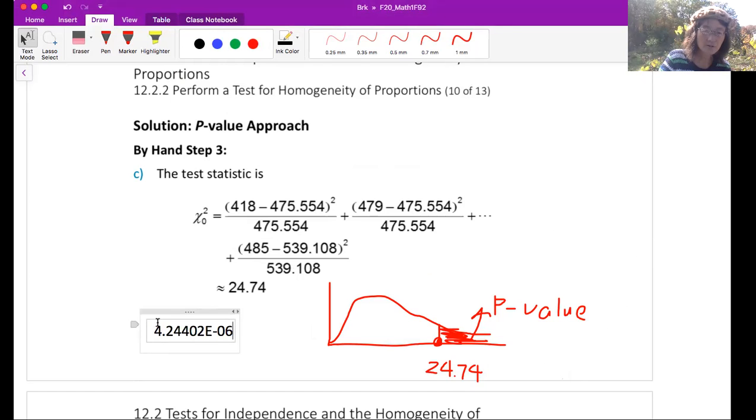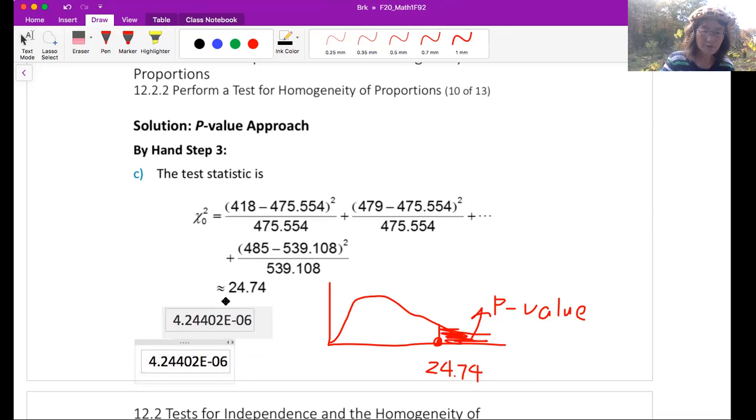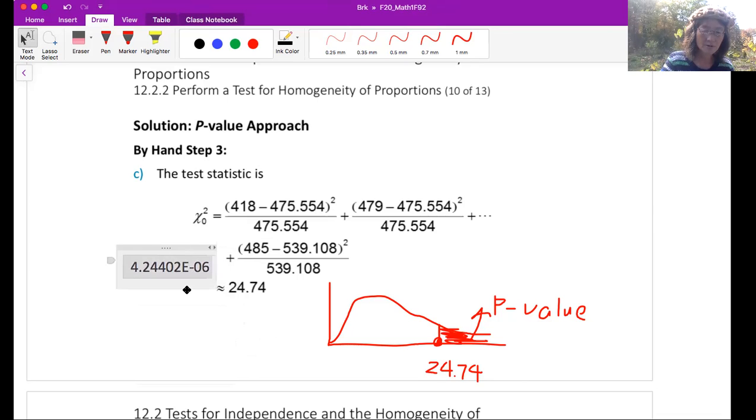Try to move this box here. This overlapped.